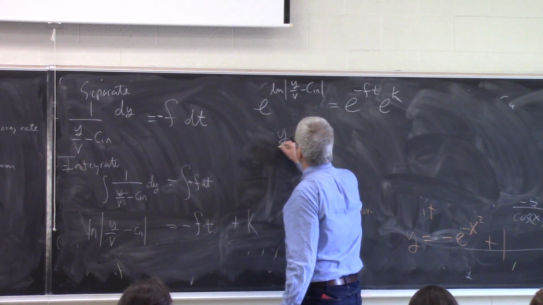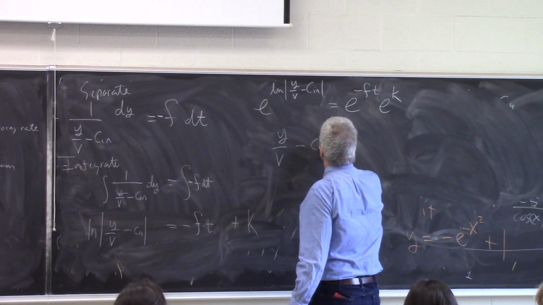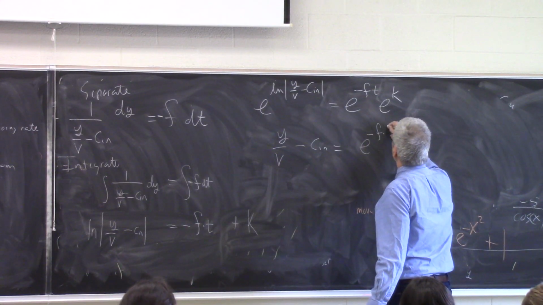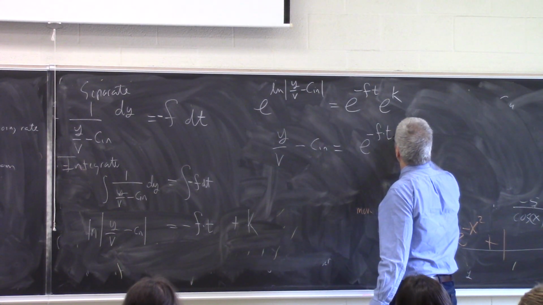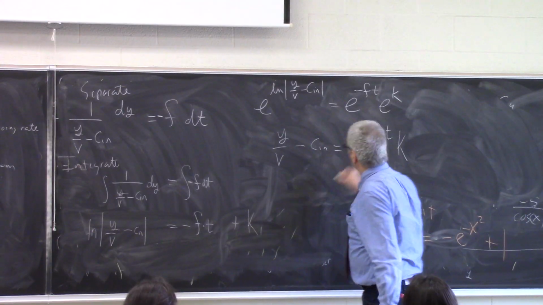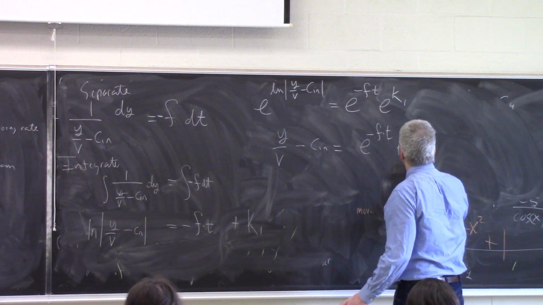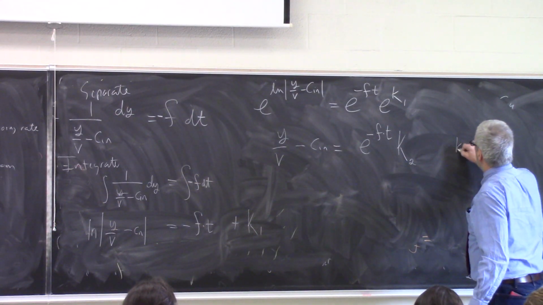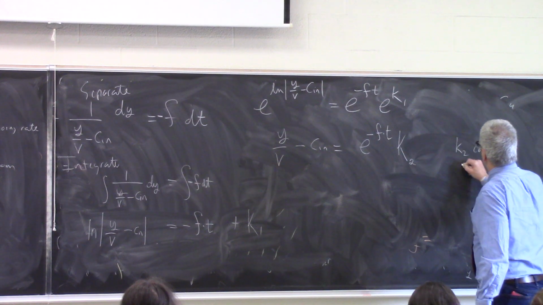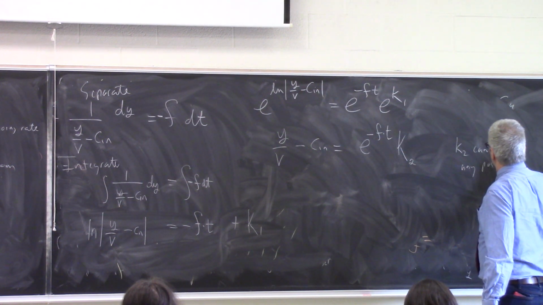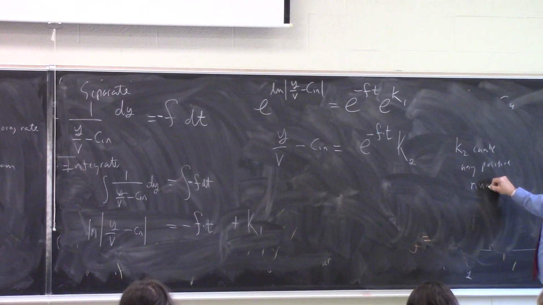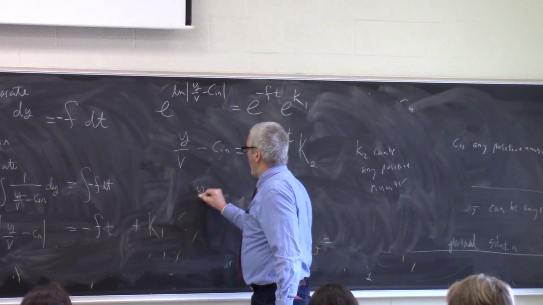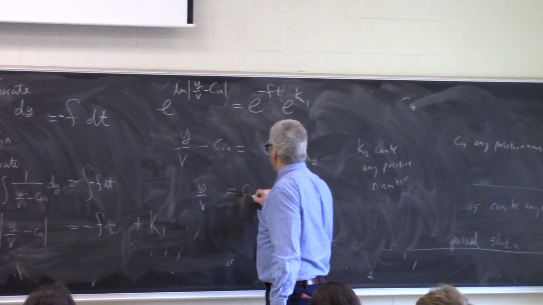So I get Y over V minus Cn equals e to the minus F times t, and I'm going to call this K1, call this K2. K2 can be any positive number. Okay, so add Cn to both sides. Y over V equals Cn.